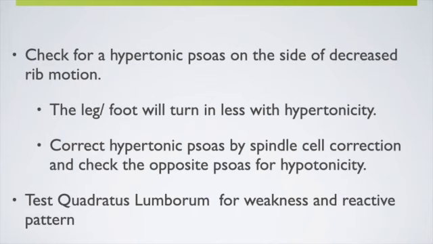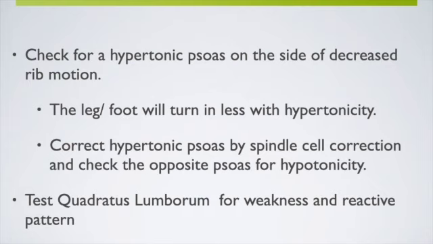Treatment, well, once again, we go back to the psoas, check for hypertonic psoas on the side of decreased rib motion. And that will be evidenced by a leg, foot, hip that fails to turn in the same as the other side. So it'll look like a lack of hip turn in.